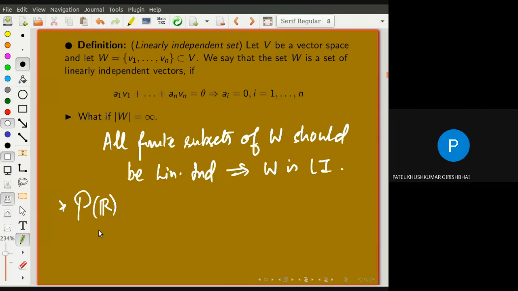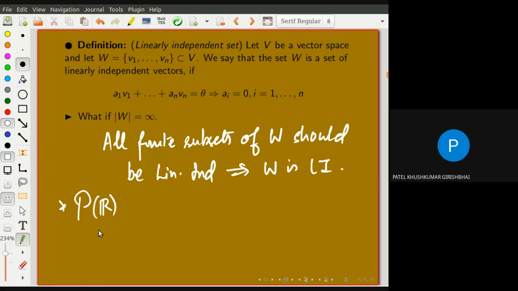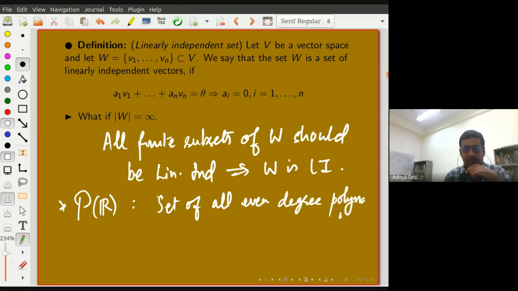Sum of even power polynomials. Sum of even powered polynomials. What is the subset there? I mean, all even power or even degree polynomials. Is that what you're trying to say? Yes, sir. How can that be linearly independent? So the set of all even degree polynomials.